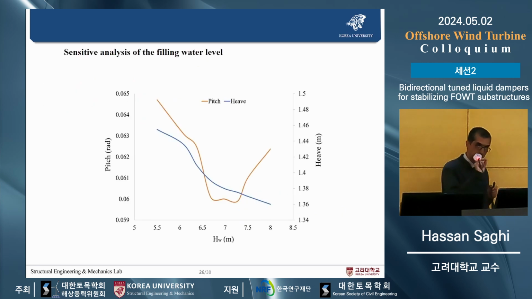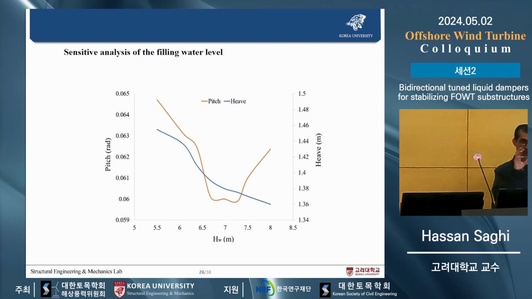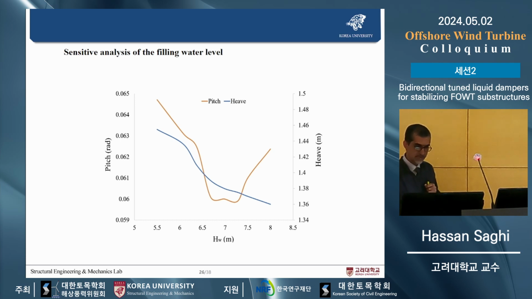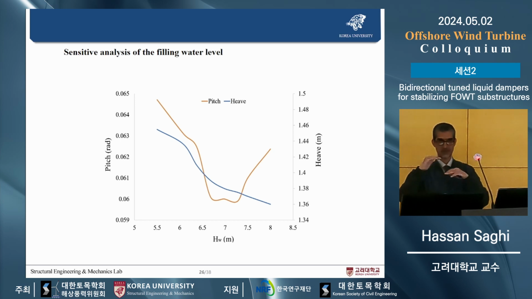As I said, we had to optimize the geometry first. Second one is finding the optimum water depth inside the tank, and finally the optimum position of the tank. Here you can see a sensitivity analysis of the filling water level. We filled the tank with different water levels.